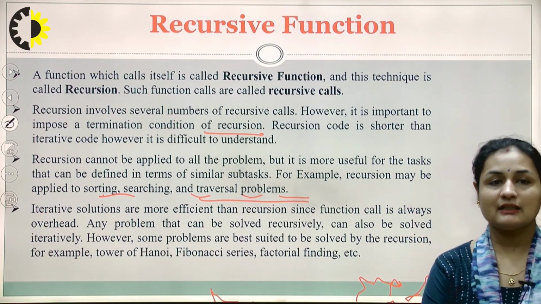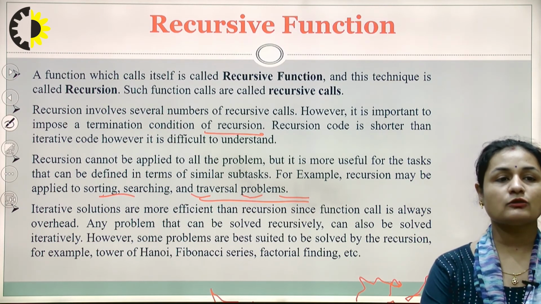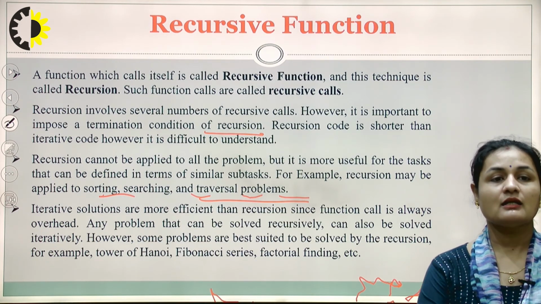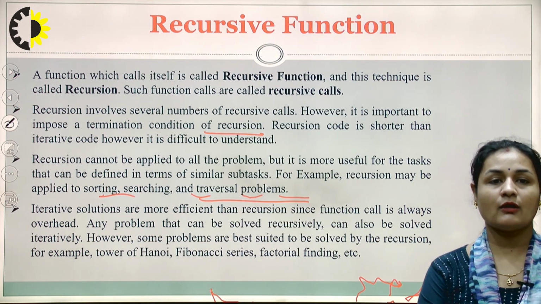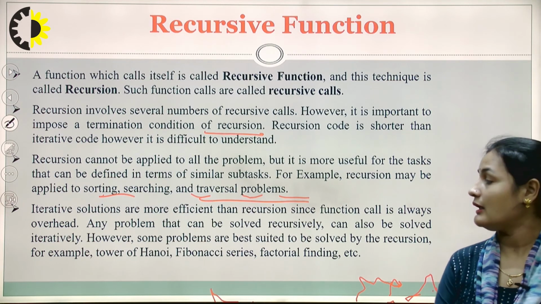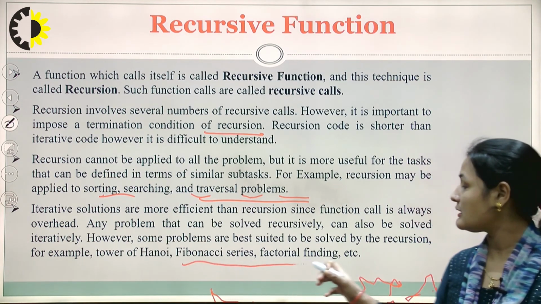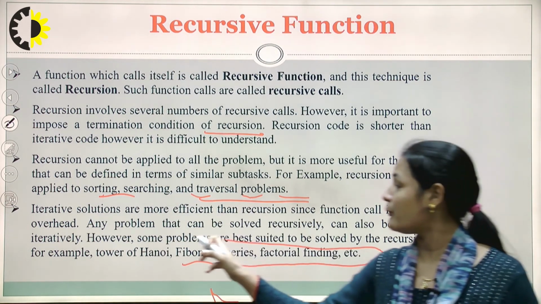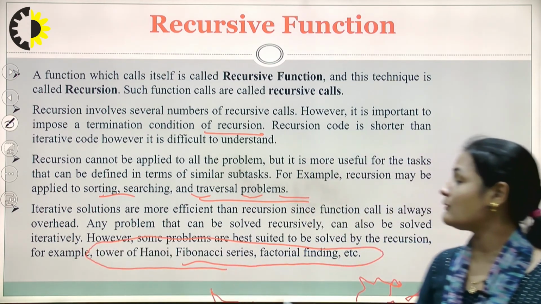Any problem that can be solved recursively can also be solved iteratively. However, some problems are best suited to be solved by recursion, for example the Tower of Hanoi problem, Fibonacci series and factorial. These are some important problems that are solved using recursion.